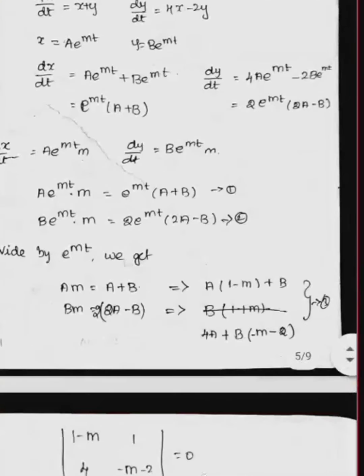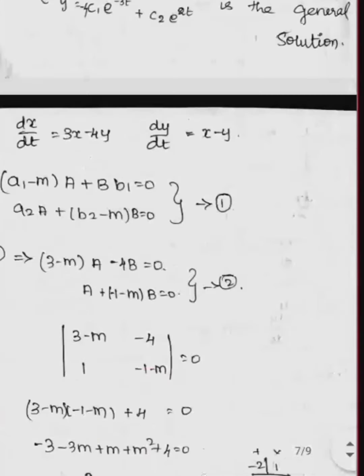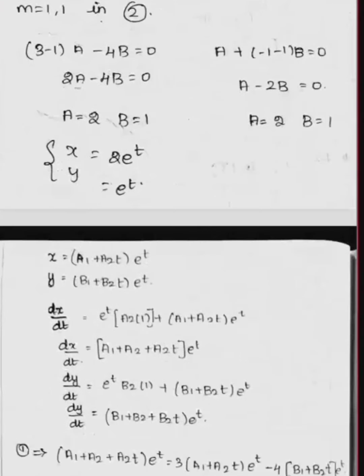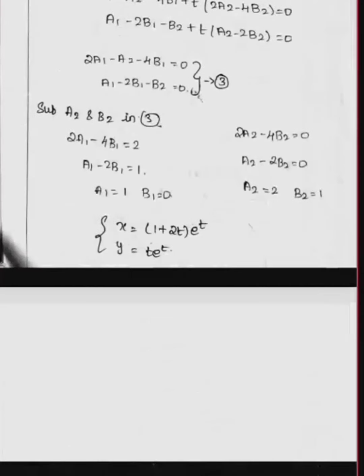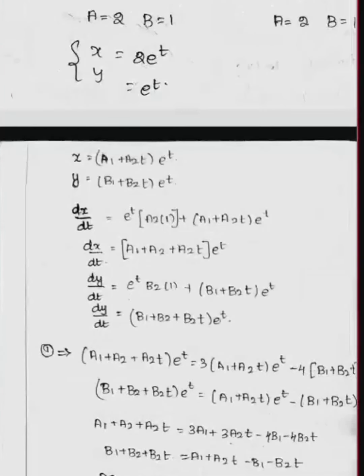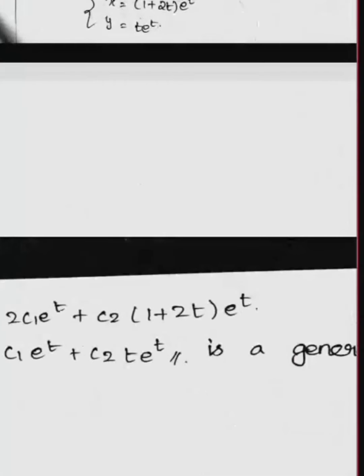That is C1 into, this solution, you write this solution here. C1 into 2 times e to the power t. Similarly, plus C2 into, here you derived 1 plus 2t into e to the power t.